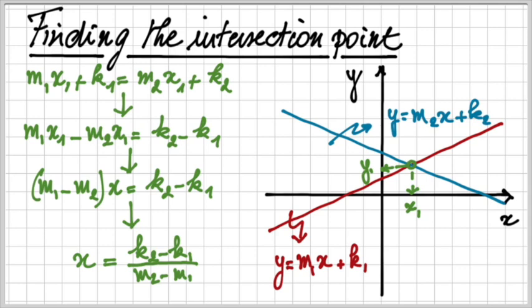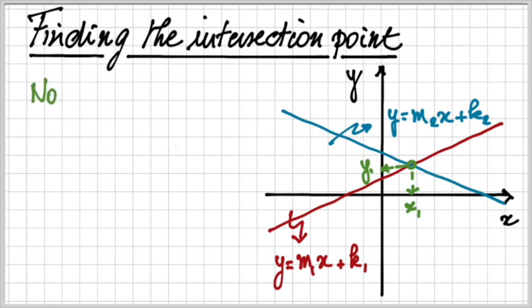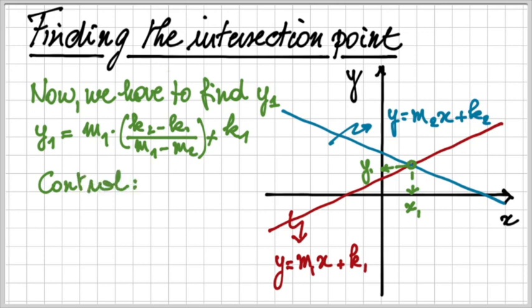So that's the first parameter that we have. The next thing we can do is to put this parameter into one of the equations to find y1. We see that y1 is m1 times x1, and x1 is given by k2 minus k1 divided by m1 minus m2, plus k1 we find. And we see that we can now control if this is valid for the second equation.